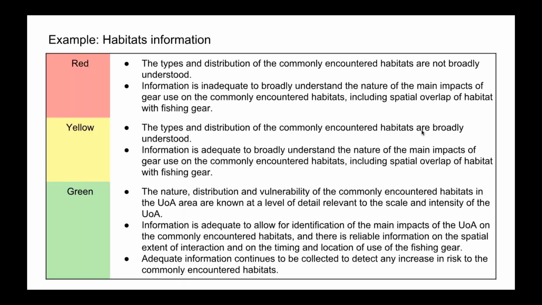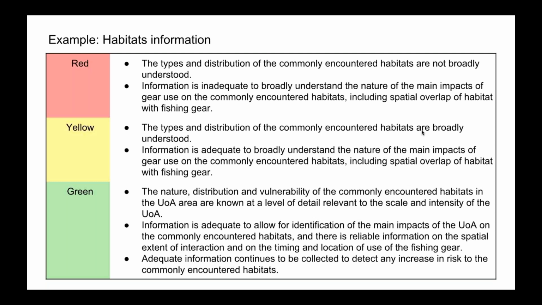So I'll just continue with that example to show you what some of the scoring guidance looks like. The assessor should proceed in a stepwise manner through these different scoring categories. So for this one, starting off with the red scoring category, you'll look at the bullets underneath and see whether they apply. Under the red category, for example, here the types and distribution of the encountered habitats are not broadly understood, and information is not adequate to understand what the fisheries' main impacts are on those habitats.